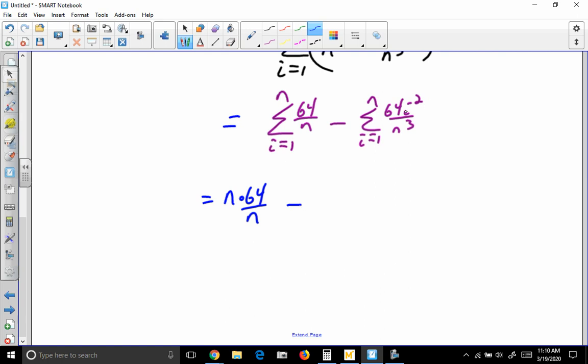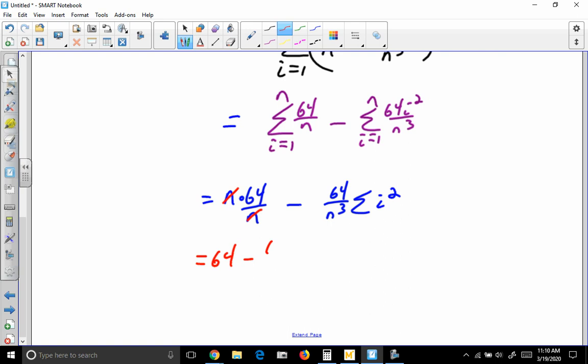Now for the next term, we do have a variable. i is our variable for the counter for our summation. So we're going to leave the variable part on the inside, and we're going to put the part that's not an i on the outside. So that first term, the n's cancel, and we get 64.